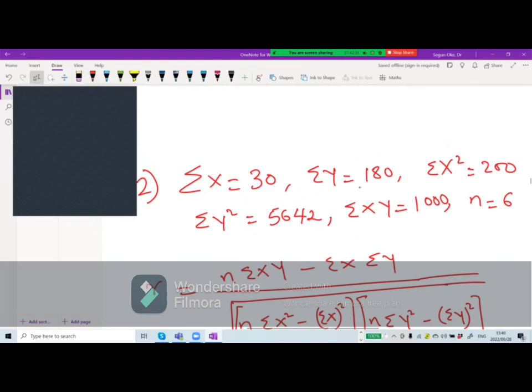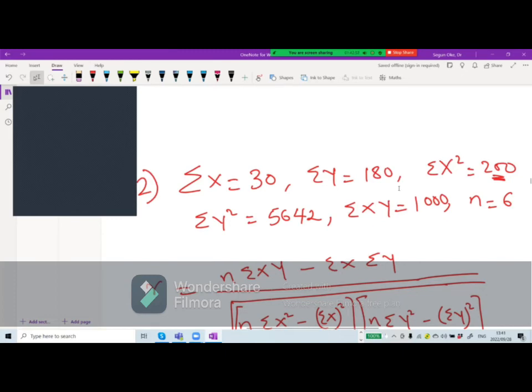Summation y square is 200. Y square is 180? No. Y square for this, the one we did in the second example, is this one. Remember the one I'm talking about? You see where we missed it now.